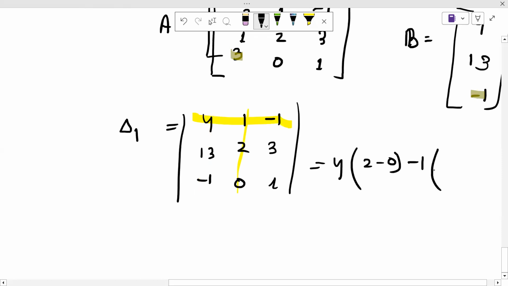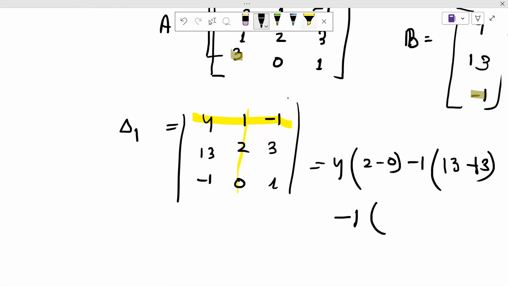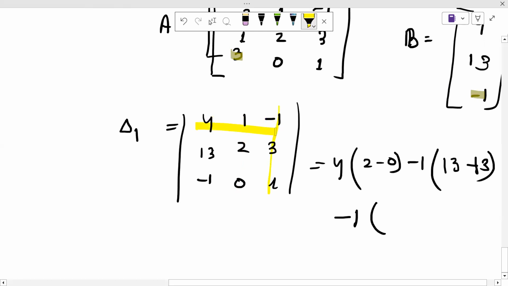What is the determinant? 13 into 1 minus 13 minus 2 plus 2 plus 3. This into this minus this into this, then plus 1 minus 1 into the determinant of this other value. Just see here, omit this row, then omit this column here.